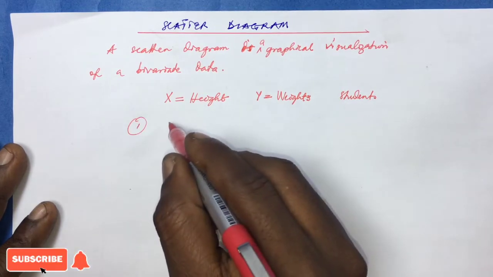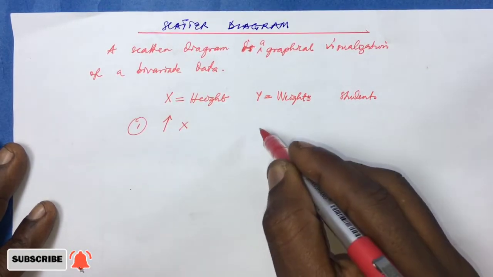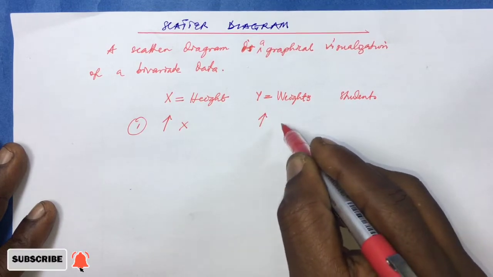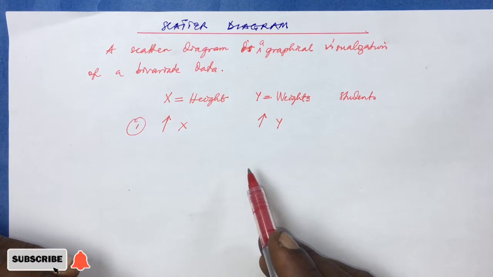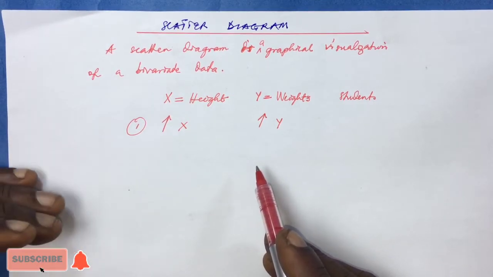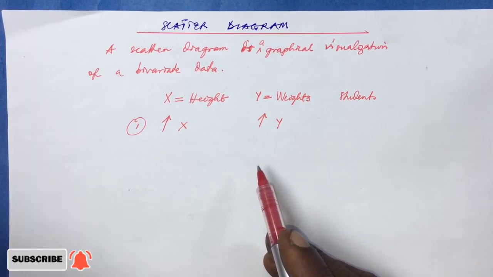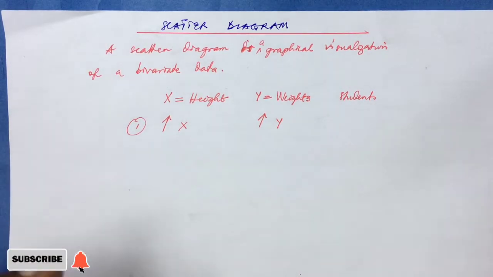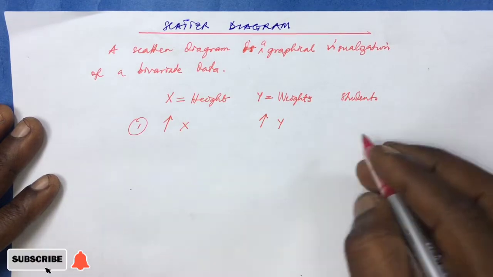we want to know if an increase in X would also prompt an increase in Y, meaning that the height of students has a direct relationship with the weight of students in that class. So the taller the student, the bigger the weight. That may be one consideration of association.